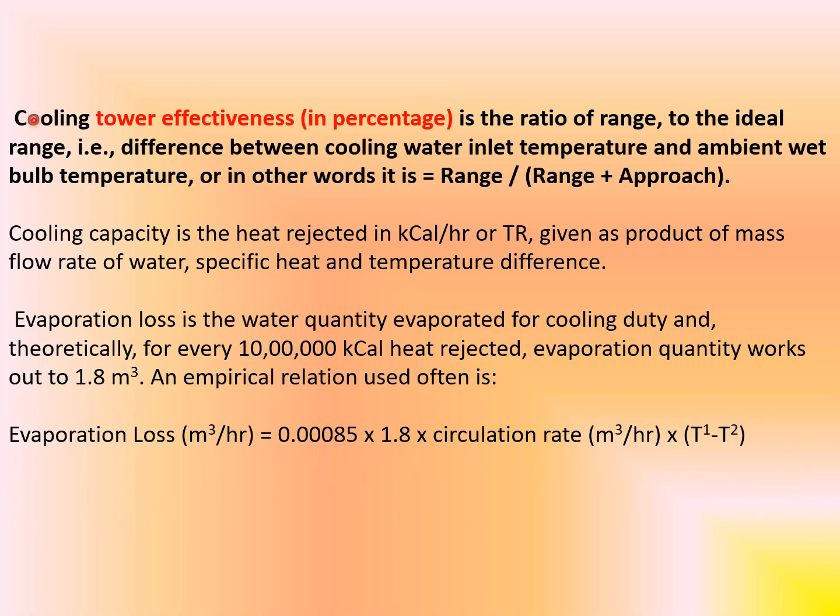Friends, the cooling tower effectiveness in percentage is the ratio of range to the ideal range, that is the difference between cooling water inlet temperature and ambient wet bulb temperature, or in other words, it is range divided by range plus approach.